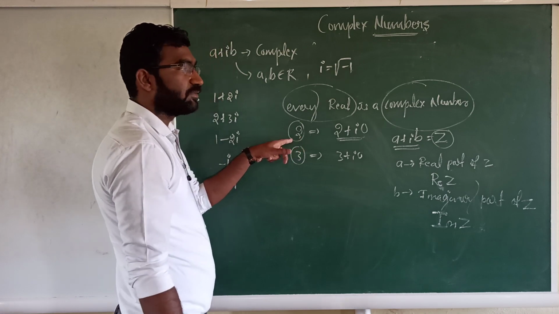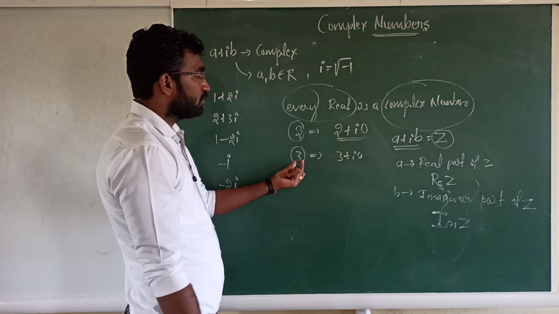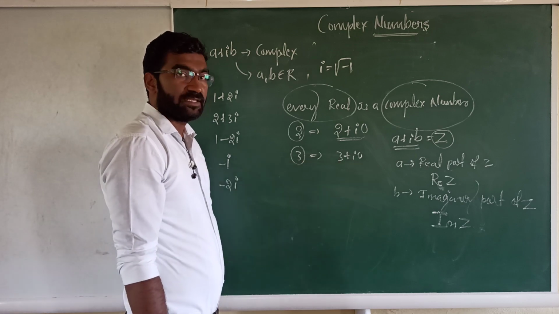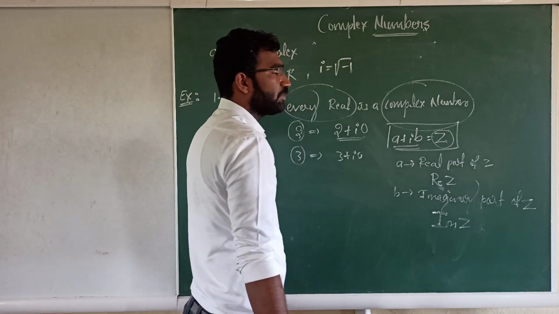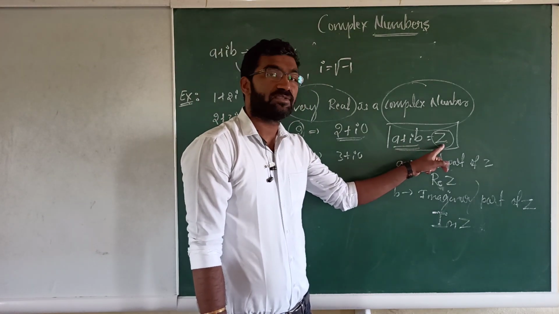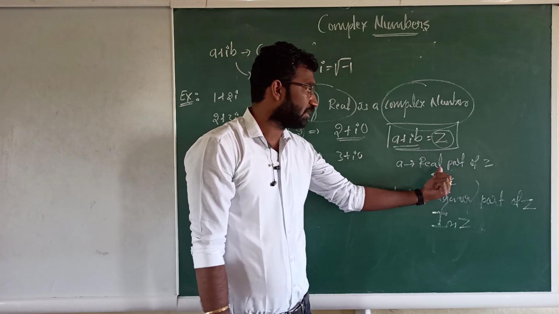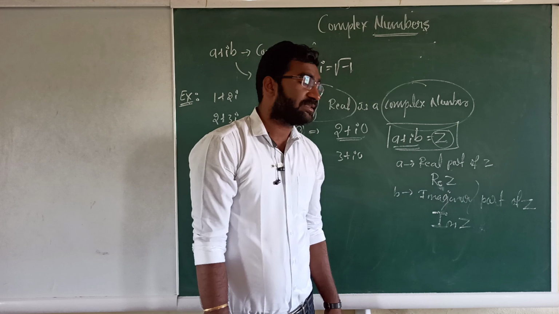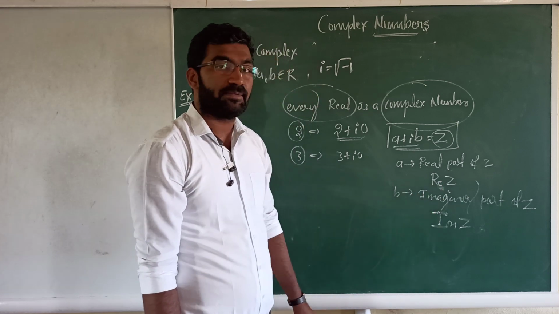Why? Because 2 can be written as 2 plus i0, and 3 can be written as 3 plus i0. If the number is of the form a plus ib, it is denoted as z, so z means a complex number. In this, a is the real part and b is the imaginary part of z. In short, Re of z and Im of z.